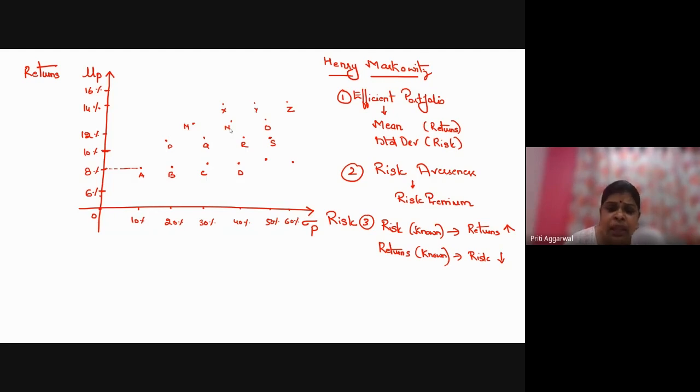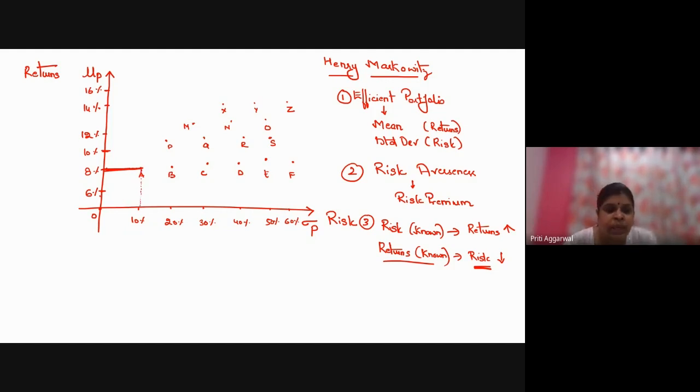Now, friends, as I said, if the returns are known to me, I will always prefer a portfolio which has the least risk. So in this case, where for a return of 8% I have portfolios A, B, C, and D, and let's say there are many others, E and F, among all the portfolios which are providing me with returns of 8%, I will always choose the portfolio which is at the least risk level, right?